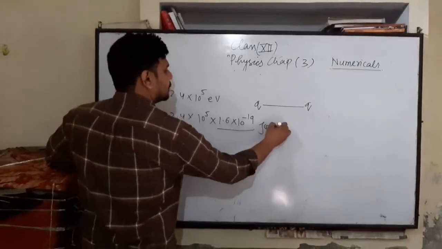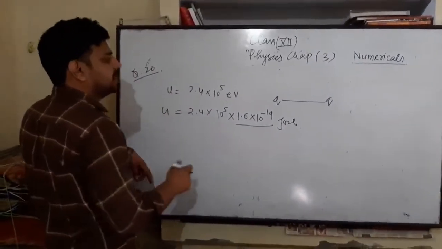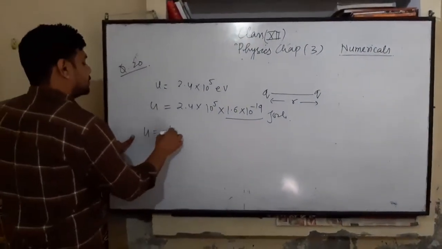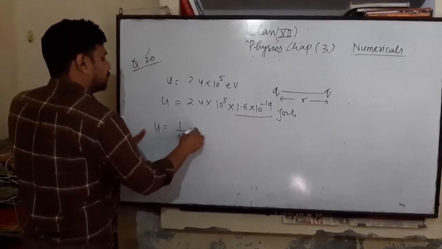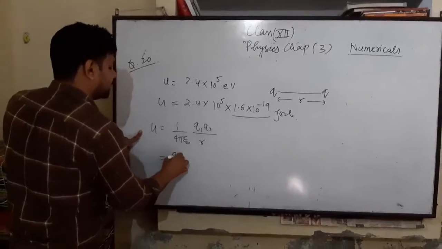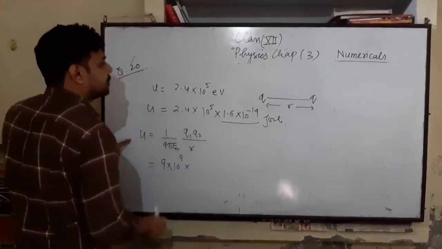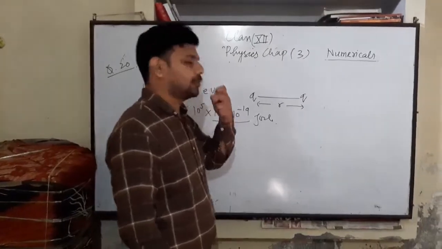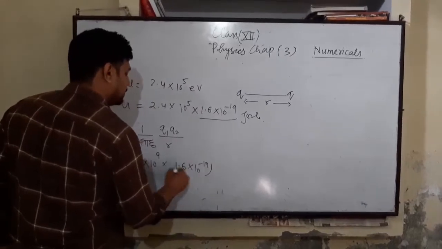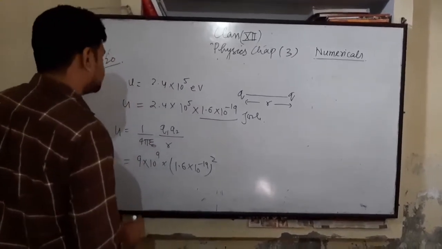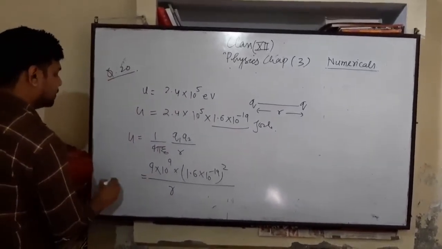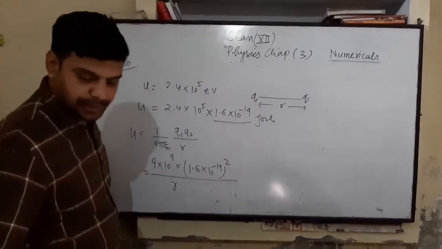Then by the formula U is equal to 1 over 4 pi epsilon naught Q1 Q2 upon R, where 1 over 4 pi epsilon naught is 9 into 10 to the power 9. Q1 and Q2 are protons, so the charge is 1.6 into 10 to the power minus 19, whole square, upon R, which we have to find.